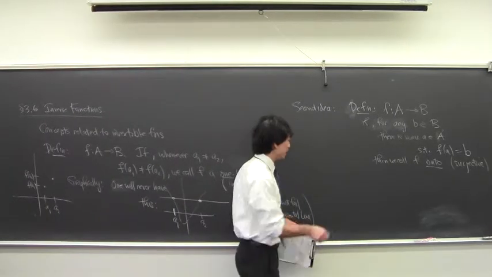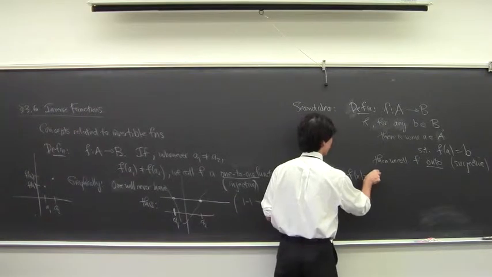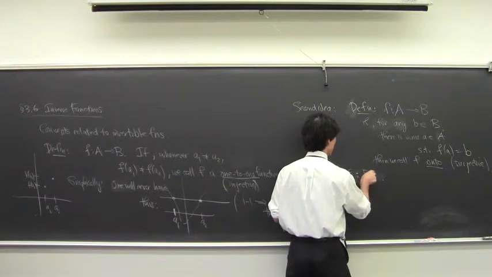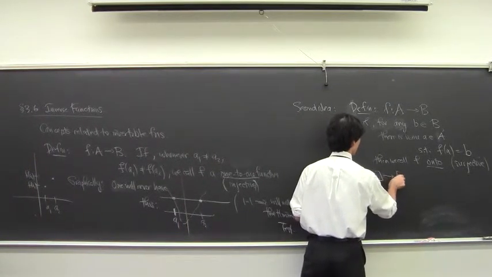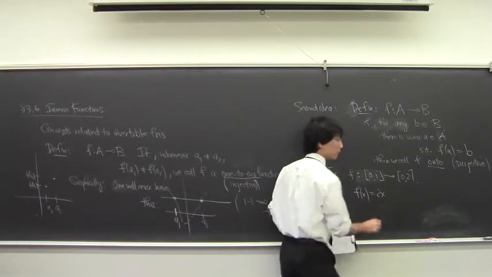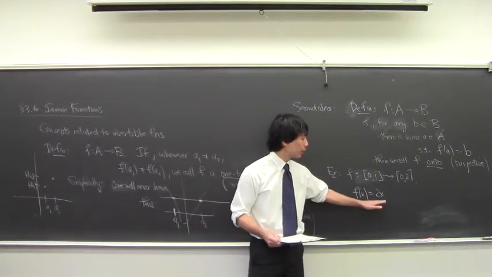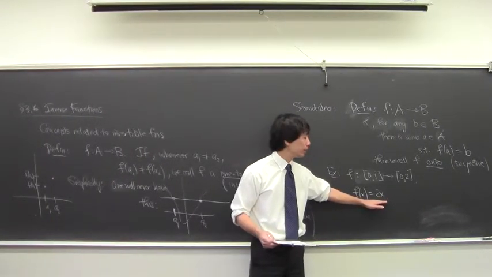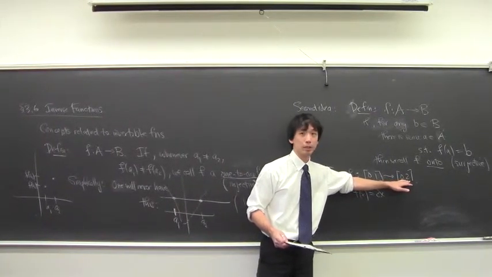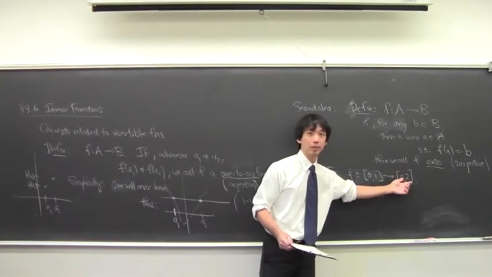Okay, so let me give an example. If you have f of x being 2x, so f of x is going to go from, say, the interval 0, 1 to the interval 0, 2. Okay, and f of x is 2x. And you notice that if I give you something in 0, 2, you can give me something in 0, 1 that gets mapped onto that.